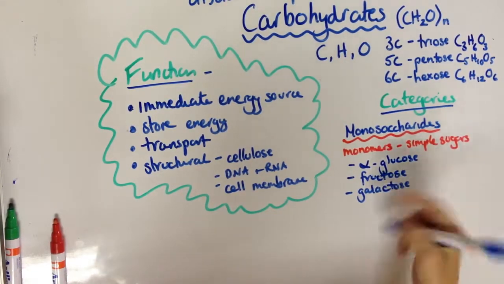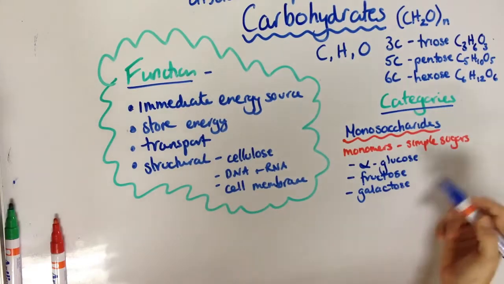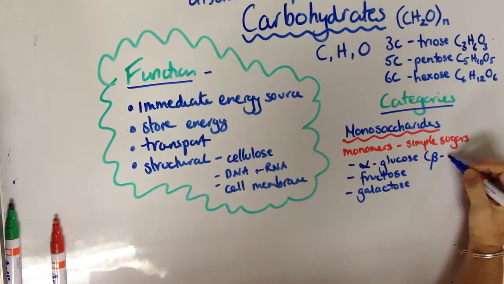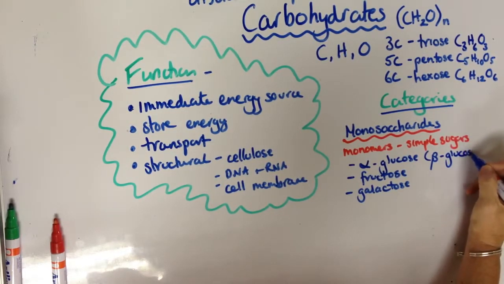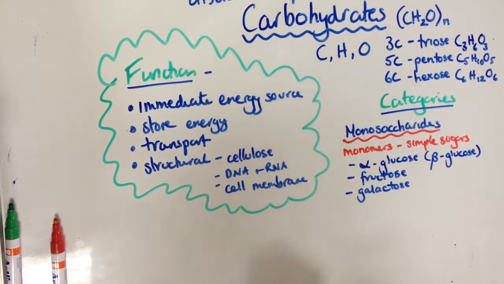Later on we'll talk about the structure of these, but those are the 3 you need to know about. When you get to the second unit of your A-level, Unit 2, you will do beta glucose. So that is coming eventually, but we'll concentrate on these 3 to start with.